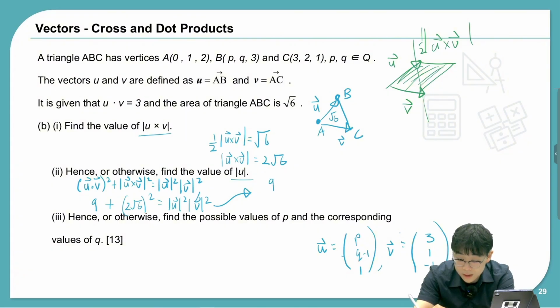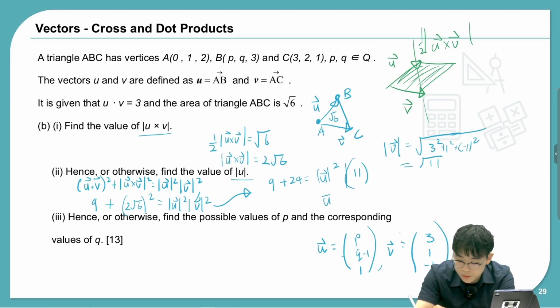So we get 9 plus 24 is equal to u magnitude squared times 11, because the magnitude of v turns out to be root of 3 squared plus 1 squared plus negative 1 squared, which is root 11. Okay, so u magnitude squared is going to be 33 over 11, which is 3. So u magnitude is going to be root 3. That's what we get.